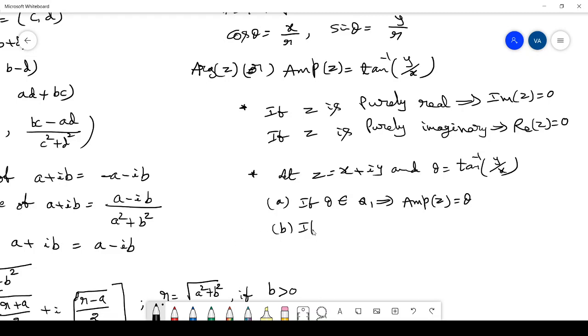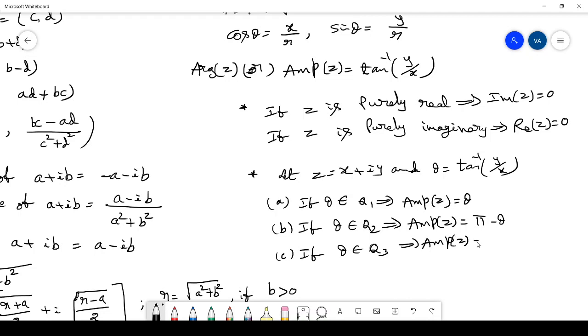If theta is in the second quadrant, then amp z is pi minus theta. If theta is in the third quadrant, then amp z is minus pi plus theta.